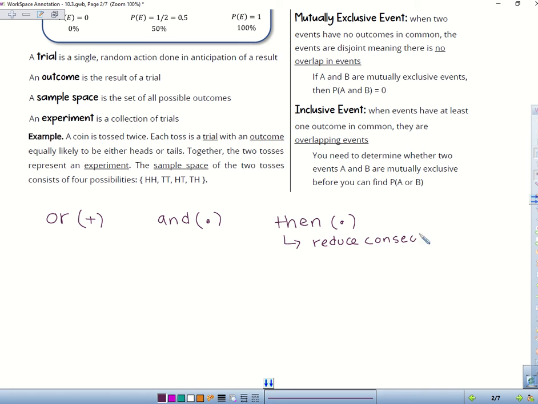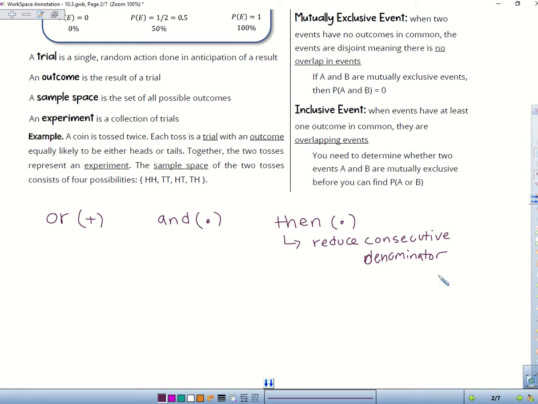So it all makes sense when we actually go to do it. So that's just like a little note to help you when the time comes to remember what operation you're going to use. Okay. So we're going to do a lot of ors, and then we have a few ands and thens on the homework that I'm going to do one example of, so you've seen it all.